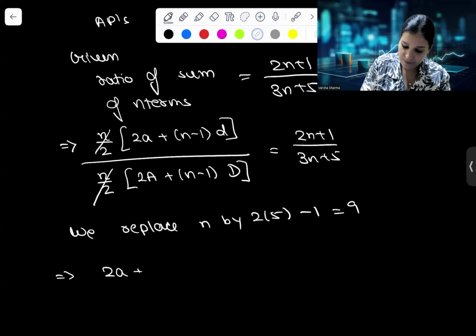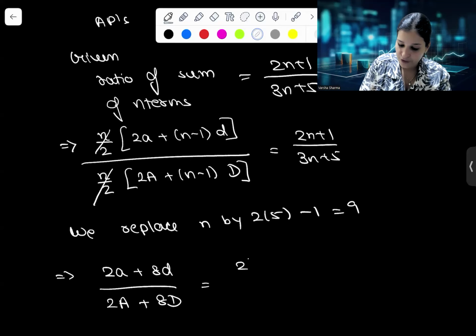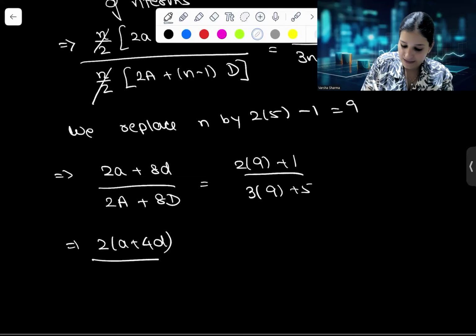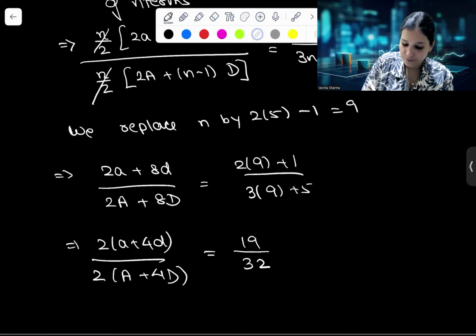So twice a plus 9 minus 1, 8d, over twice A plus 8D, equals 2 into 9 plus 1 by 3 into 9 plus 5. In the numerator, taking 2 common, as well as in the denominator, taking 2 common. This is 19 upon 32.